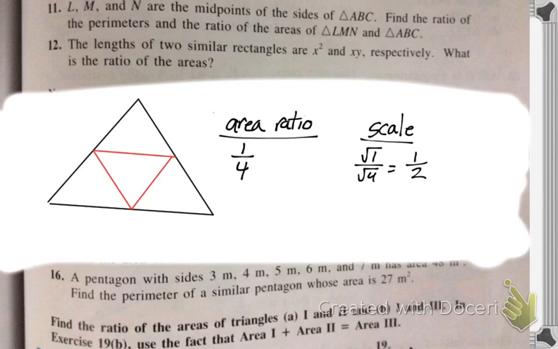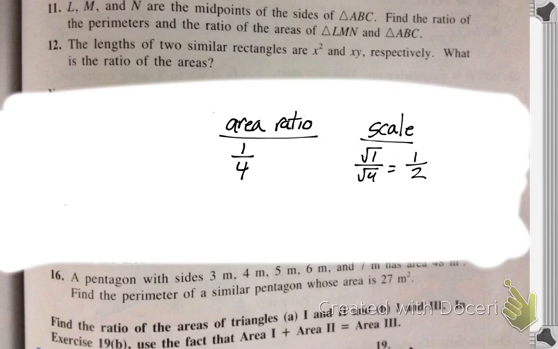12. The lengths of two similar rectangles are x squared and xy. Well, you've got to just do what they tell you to do. The lengths of two similar rectangles are x squared and x over y respectively.